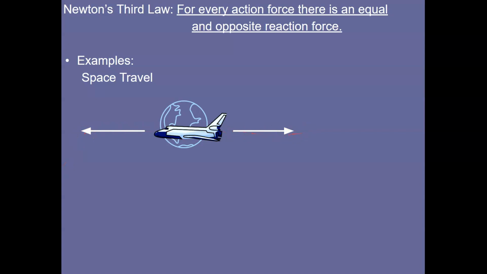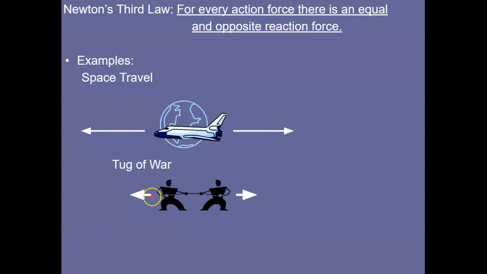Another really great example that students typically remember is tug of war. If you've ever played tug of war, there is no motion over the line when one team pulls with an equal but opposite amount of force. It's only able to be won when one side can pull with more force. Okay, so equal but opposite forces.